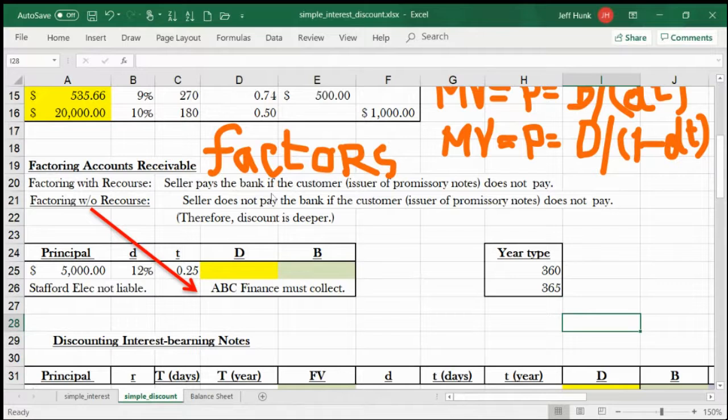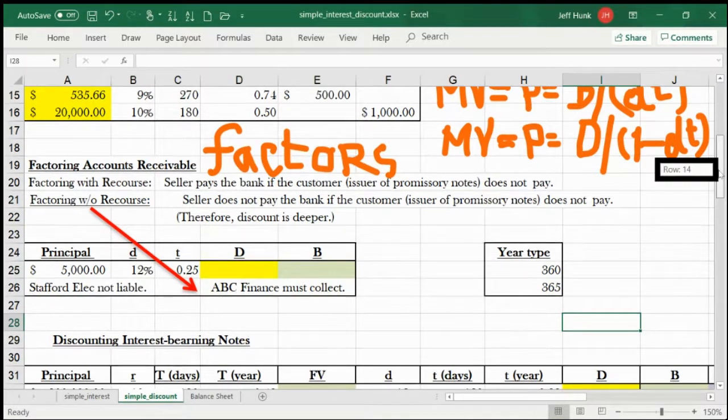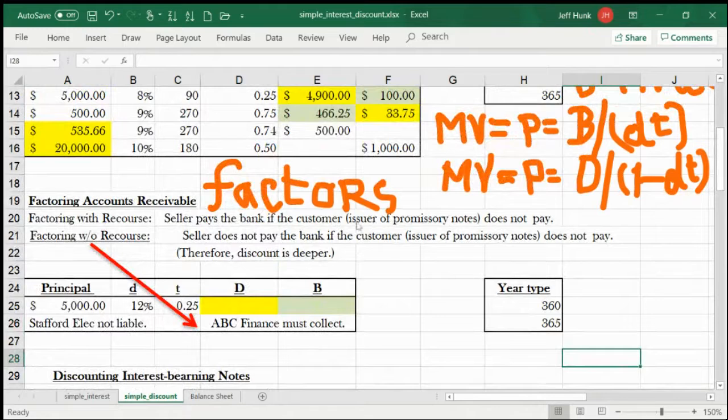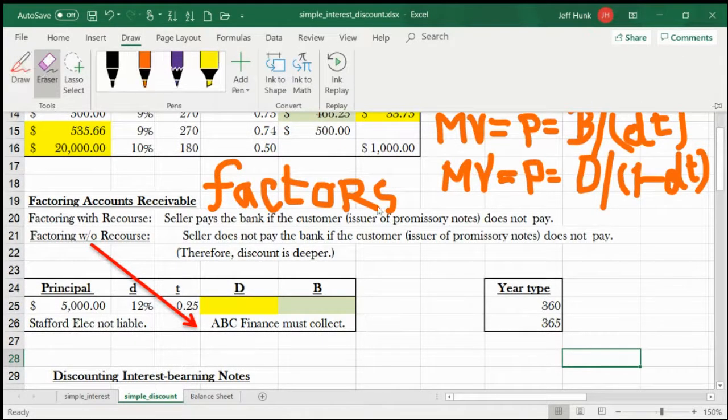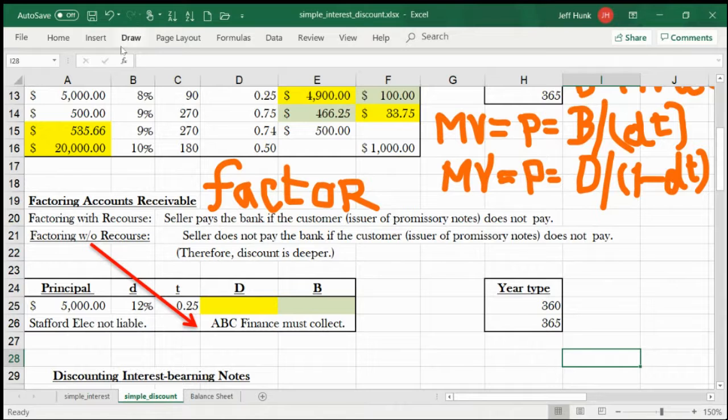That's probably why. No, it has nothing to do with that. Interestingly, the word factor actually comes from the French word facture.